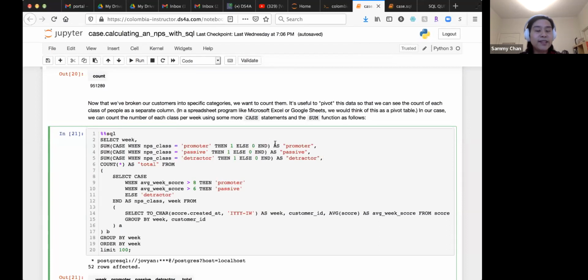And then we assign this sum number as promoter, similar for passive and detractor. So in this particular week, if it's a passive, then we count it. If it's not, then we don't do anything. And same for the detractor. And then we are going to apply the same nested queries here.